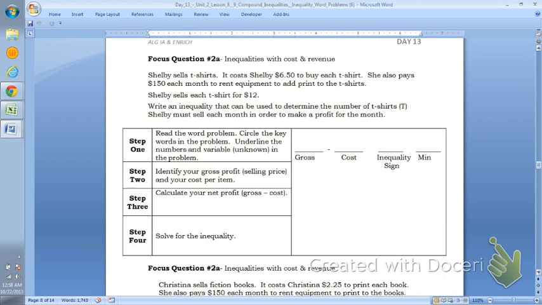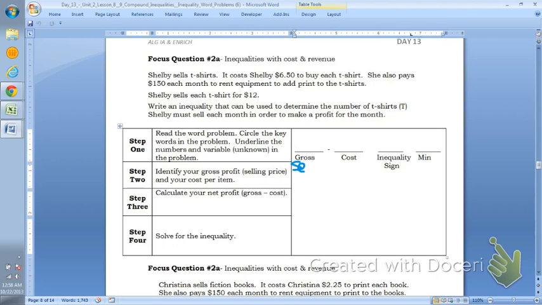They want you to write an inequality that can be used to determine the number of t-shirts Shelby must sell each month in order to make a profit for the month. So we have a lot of things going on here, but if you can identify your selling price and your cost, let's find those two items first. Our selling price is our gross.